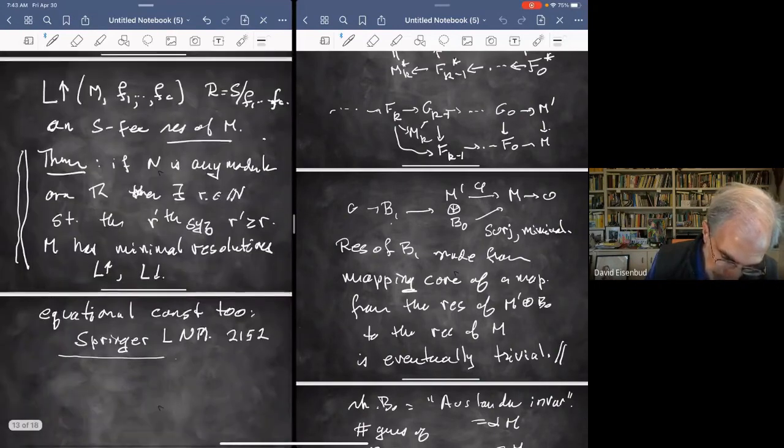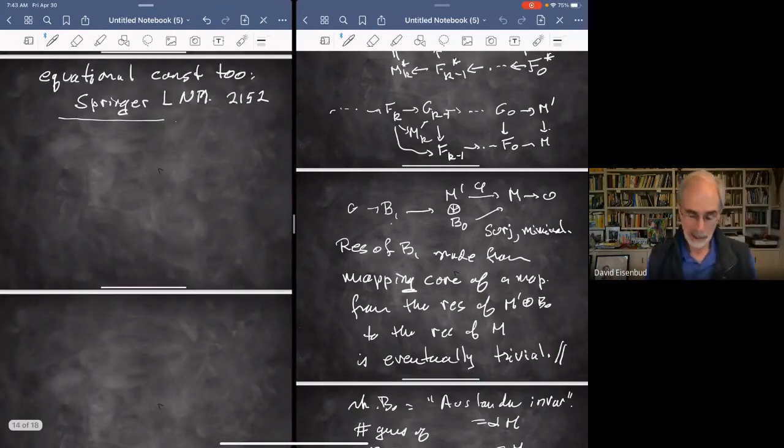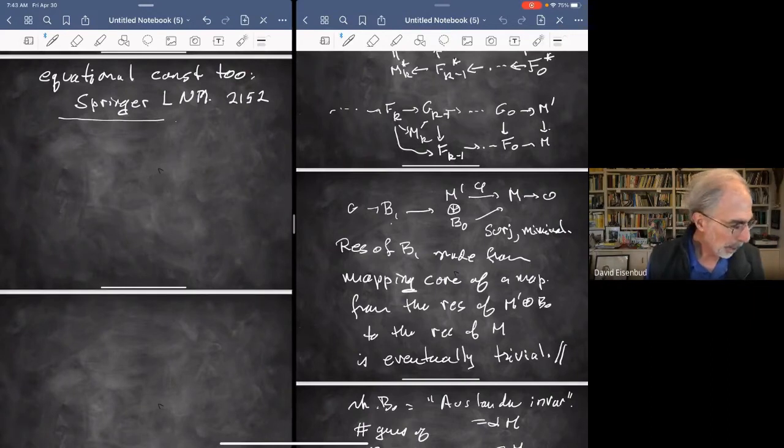Let me actually construct something rather than just claiming I'm going to construct it. And it's pretty simple to describe.